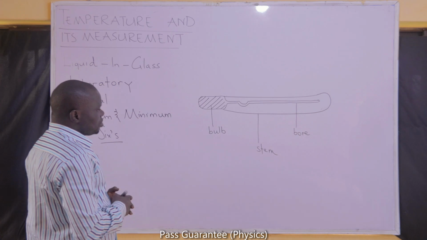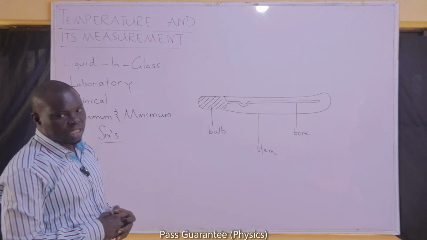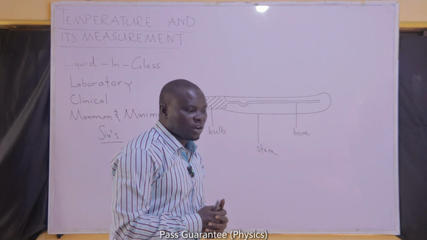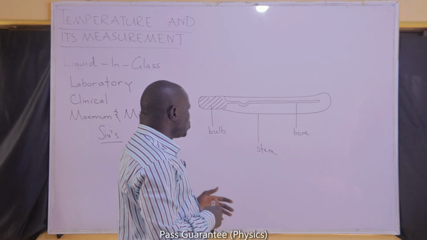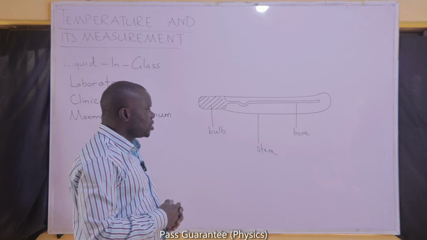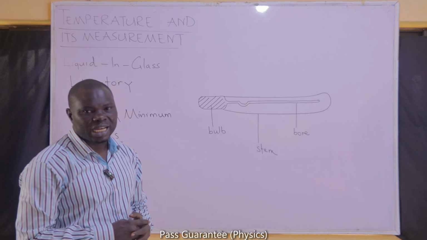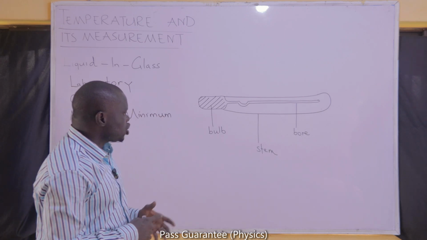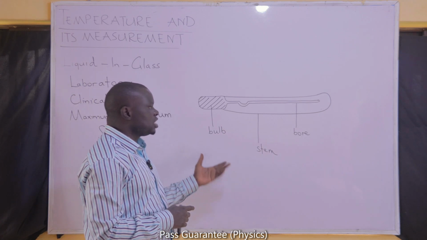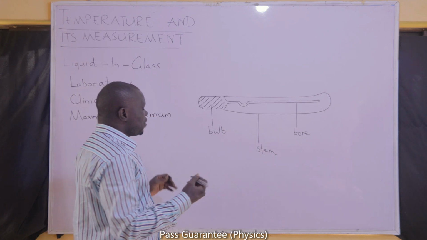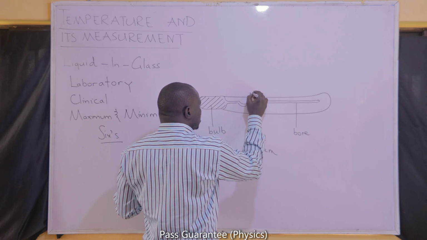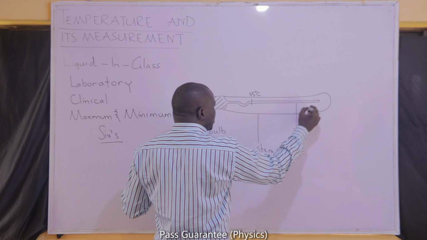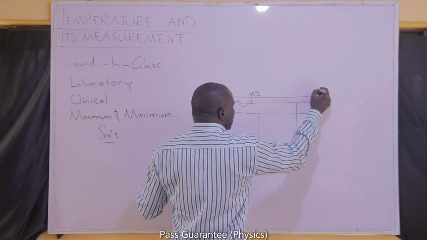Now, clinical thermometers are used generally in hospitals to determine the temperature of patients. Because we do not expect the temperature of a person to go beyond a certain level, there's a small range for which we need the thermometer. In fact, generally, most clinical thermometers measure between 35 degrees Celsius and 43 degrees Celsius.